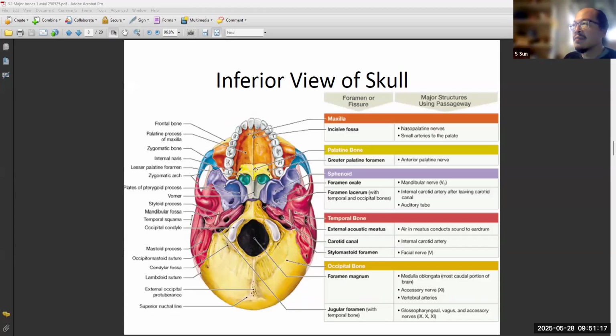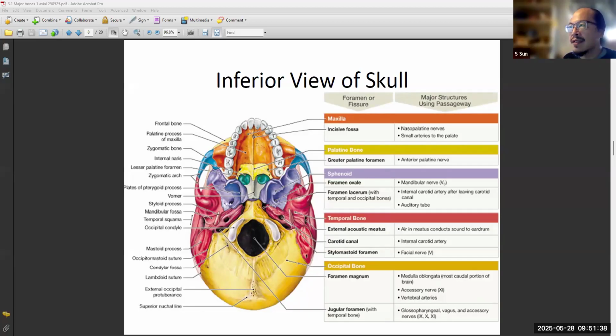So palatine and the vomer basically form the bottom of your nasal cavity and the top of your mouth. So that's the floor between nasal and your mouth. That's the important one.